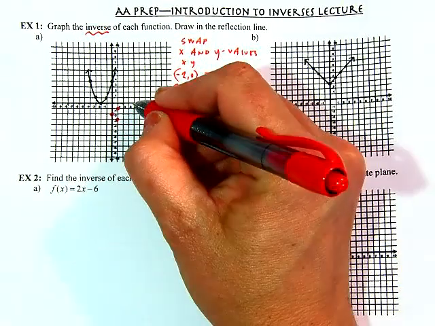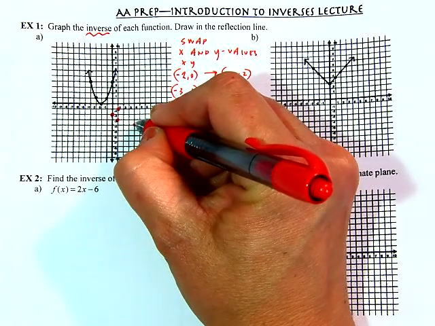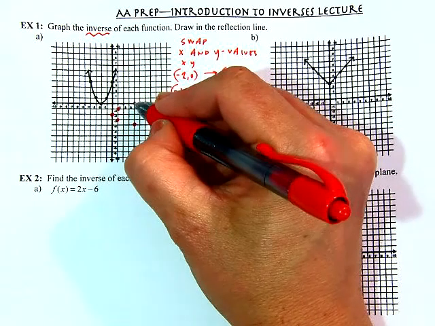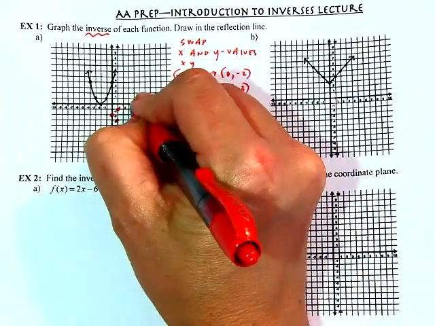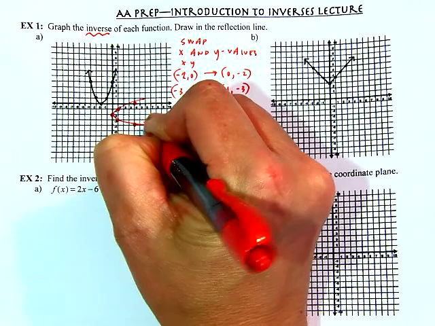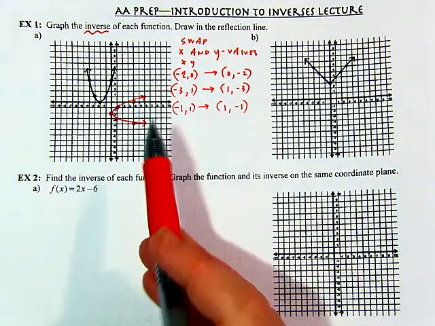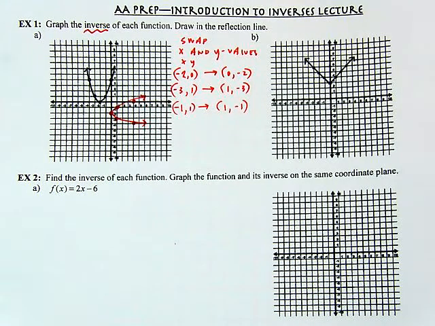So at 4, -4 right here would be that point. And then right here at 0, 4 becomes 4, 0. Right there, there's that point. So I can see that my upright parabola, its inverse just looks like a sideways parabola. So this is what the inverse looks like of that original function.